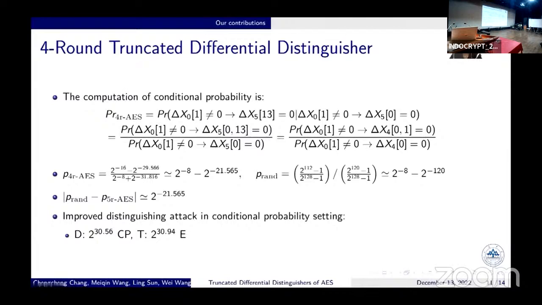The data complexity of the distinguisher under the conditional probability setting is 2 to the power of 30.56 chosen plaintexts, and the time complexity is 2 to the power of 13.94 encryptions.